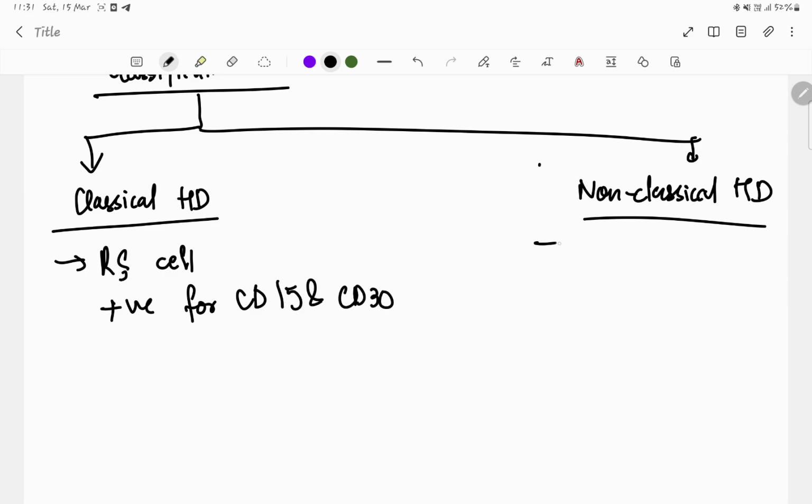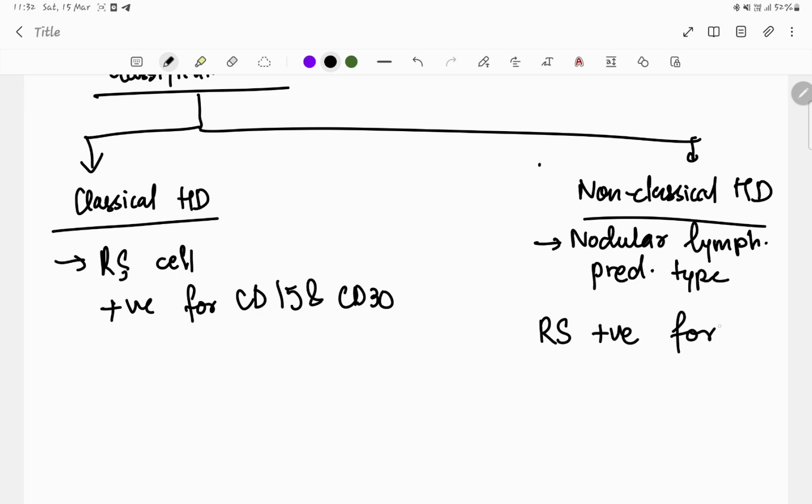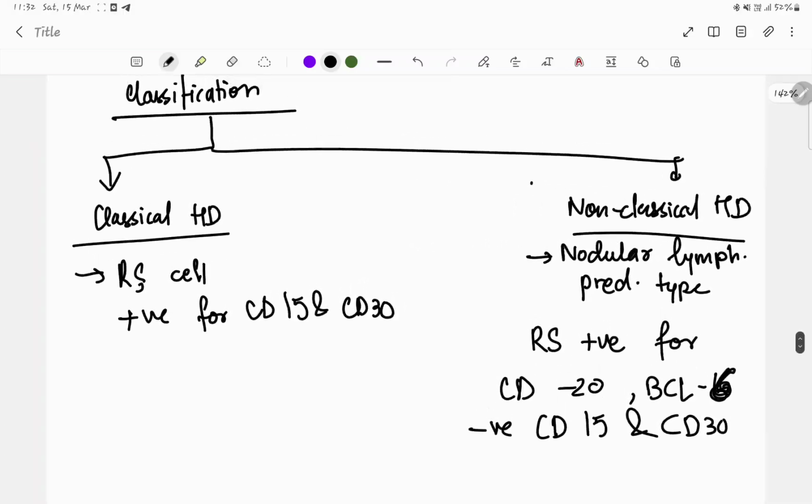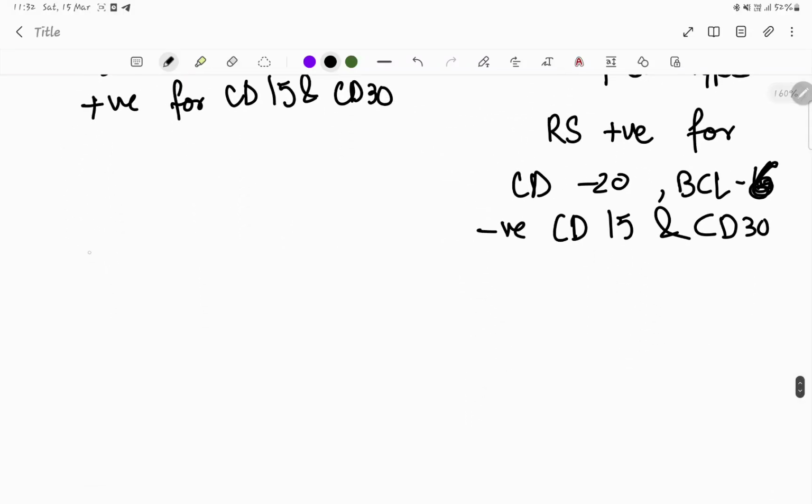In non-classical, also known as nodular lymphocyte predominant type, the RS cells are positive for CD20 and BCL6, and negative for CD15 and CD30. So this is the basic classification that you need to know.